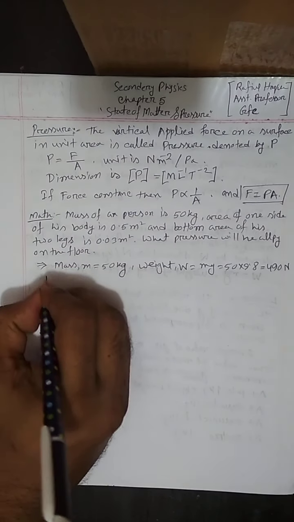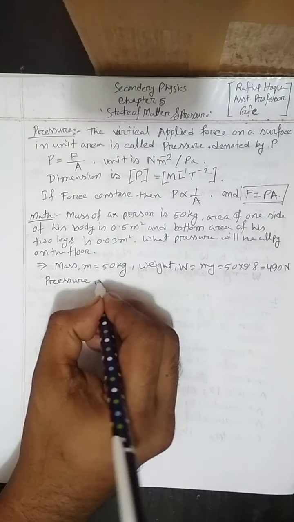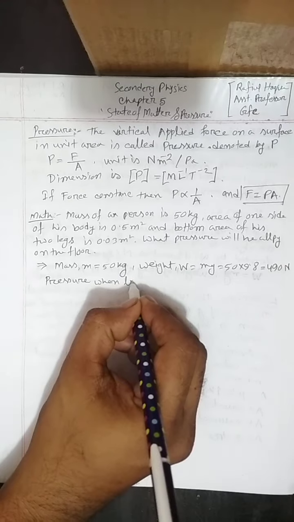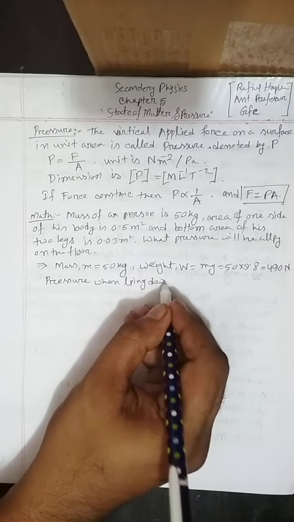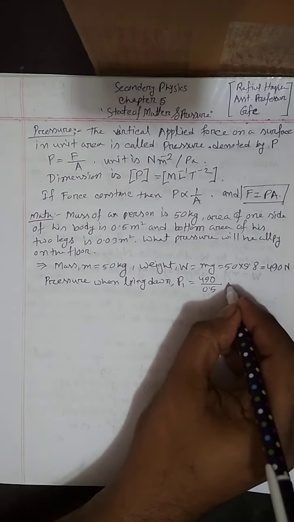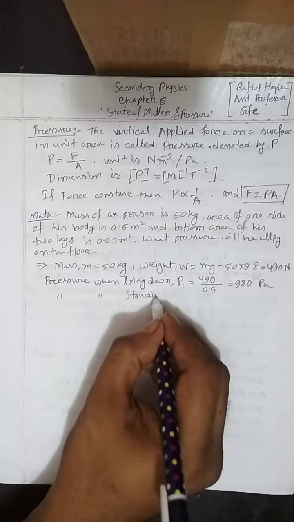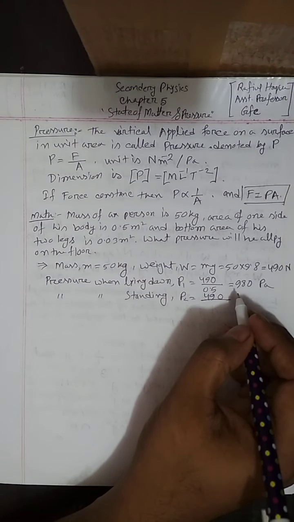So pressure when lying down is F1 by A1, that means 490 by 0.5, that means 980 Pascal. Pressure when standing: in both cases the weight is the same.